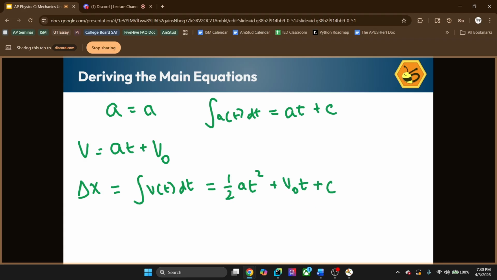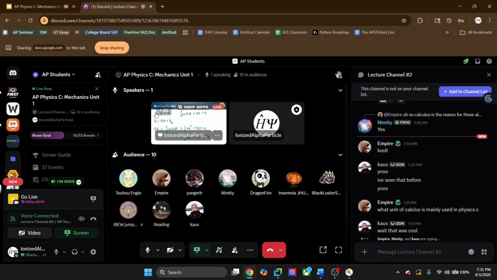And here we don't know that the initial position is 0, so what we can do is 1/2 at squared plus v naught t plus x naught. So that's the initial position. A lot of times you'll see position as x naught. I think that's how it is on the formula sheet as well, if I'm not mistaken. So you can just derive all of this.